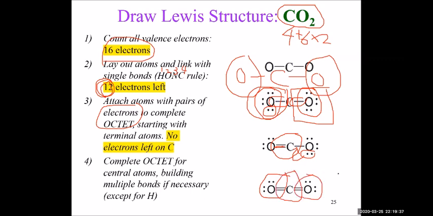And so that's how we build the Lewis structure. It sounds complicated, but the key point is to remember the HONC rule, because the HONC rule helps you decide which atom is the center. Next, keep track of the valence electrons. That's why we do step 1, counting electrons.